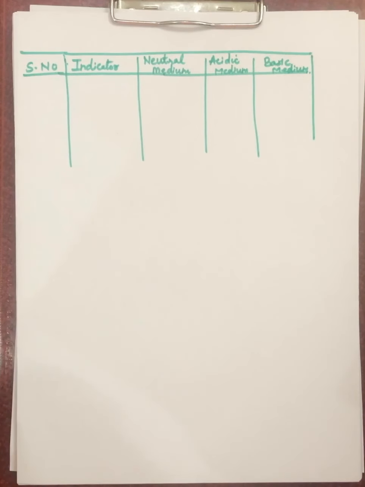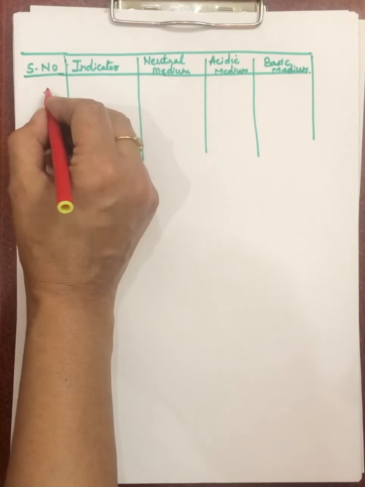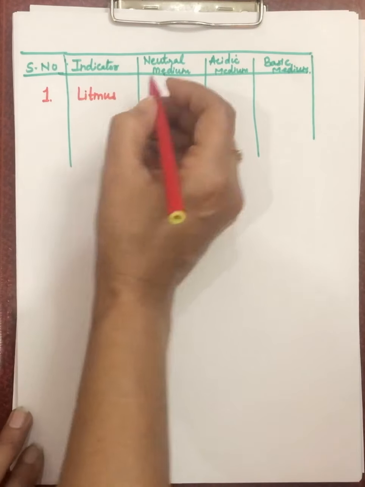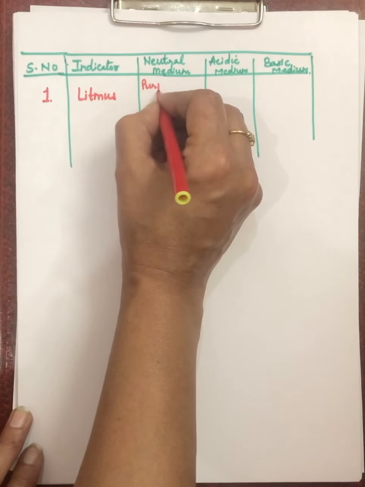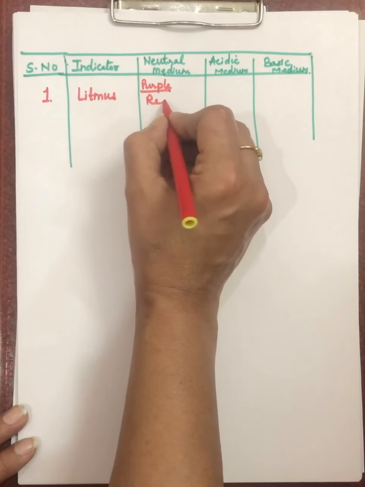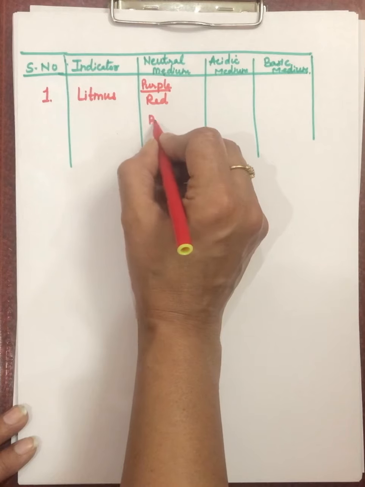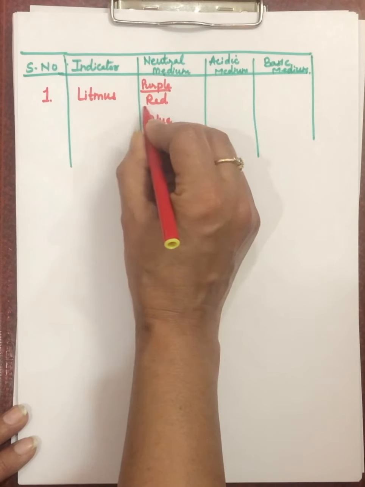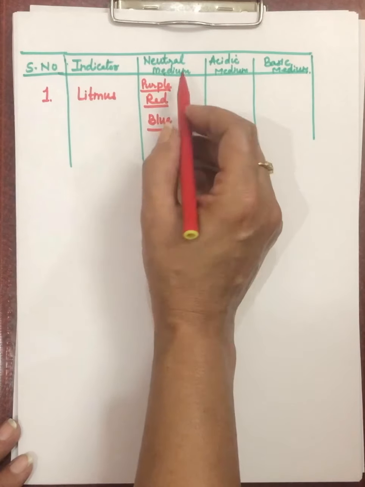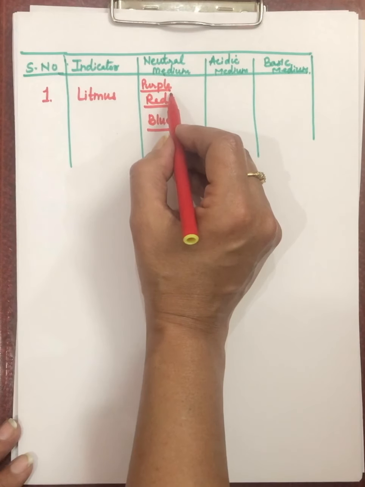Now, first is litmus. Its neutral color is actually purple, but it is changed to red and blue for convenience. But remember, its neutral color is purple.